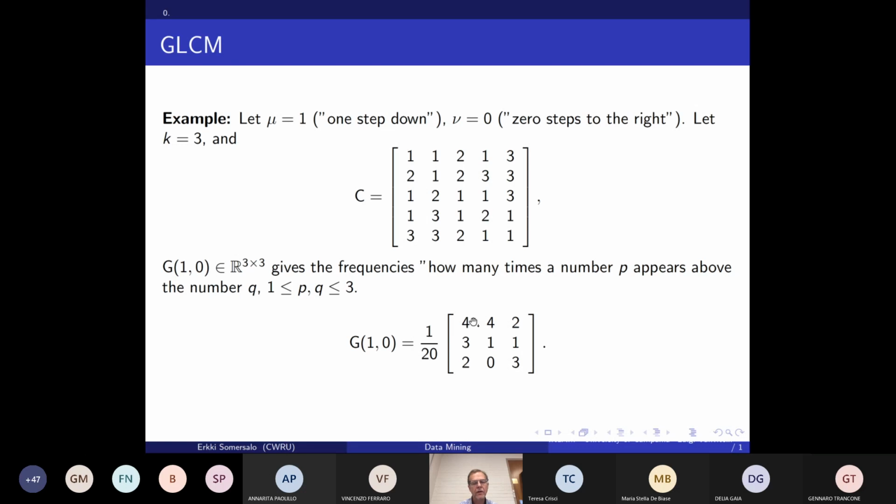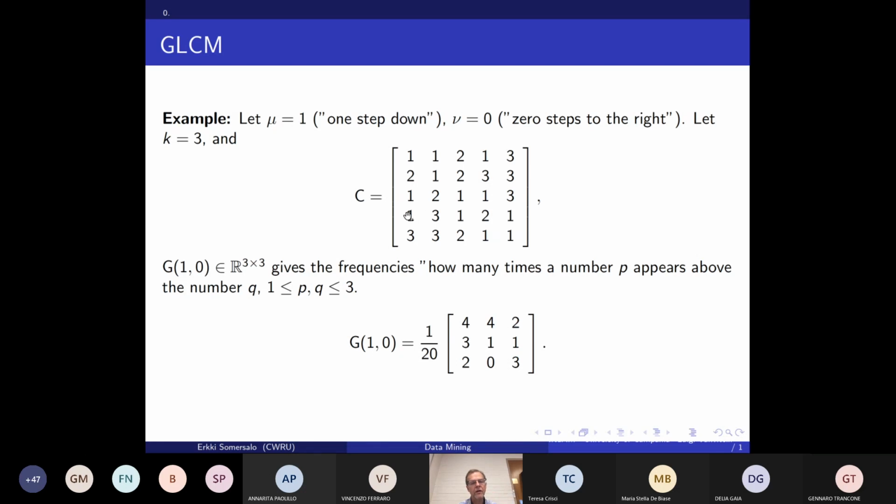So let's start with 1, 1, G1,1. So I'm looking at this quantity here. So 1, 1 means that I take 2 gray level values, 1 and 1. And I'm asking how many times I have the number 1 appearing above another 1, because that's my offset. My offset is I go 1 step down. So how many times do I find a pair 1, 1, so that the ones are on top of each other?